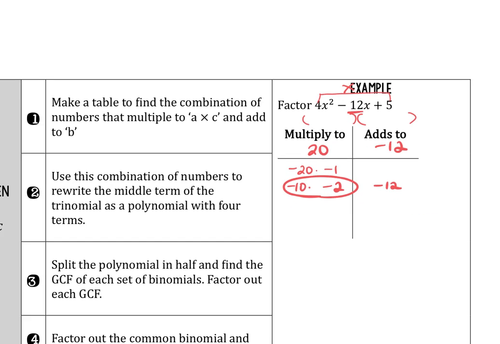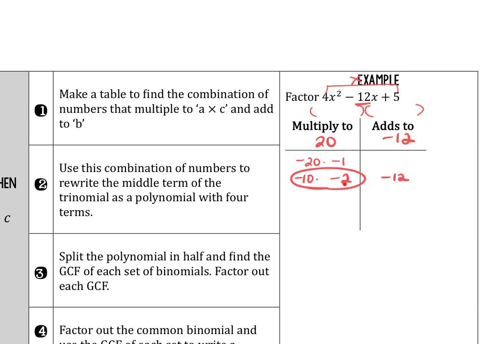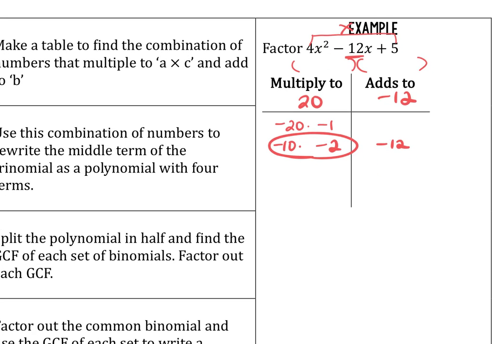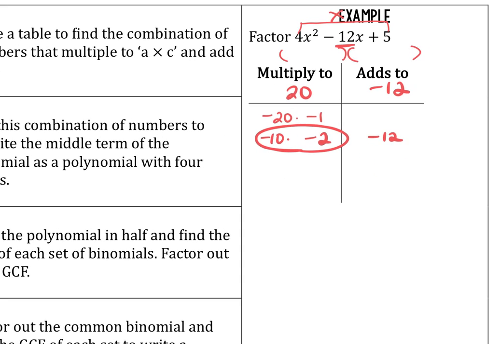So this time, what we are going to do with this combination of numbers is rewrite our middle term so that we've now turned our trinomial into a polynomial that has 4 terms. So we're going to rewrite that negative 12x as negative 10x minus 2x. But then we still have the plus 5, and we still have this 4x squared.